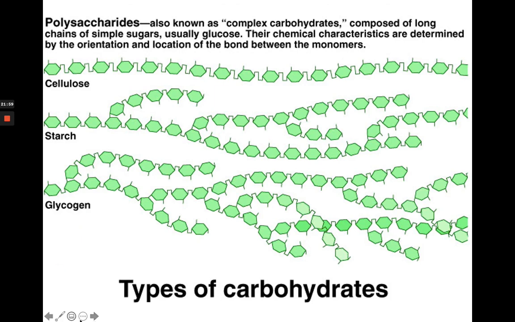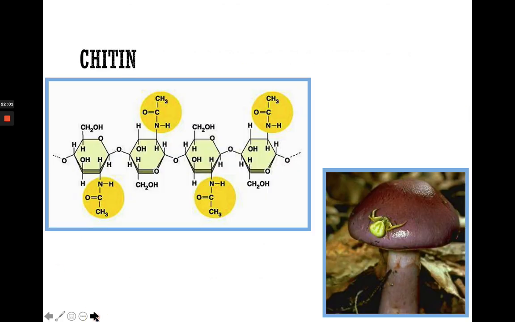Okay, so here's examples of polysaccharides. Here's an example of chitin. So take a look at chitin, a little bit different. You've got a glucose molecule right here, but then you'll notice this extra stuff. Okay, so there's a nitrogen all of a sudden, and there's a carbon double bonded. So just different things. These are all called functional groups, folks. And I know that I do have the option to get into functional groups with you, and I'm choosing not to, just simply because it's more of a general science class.